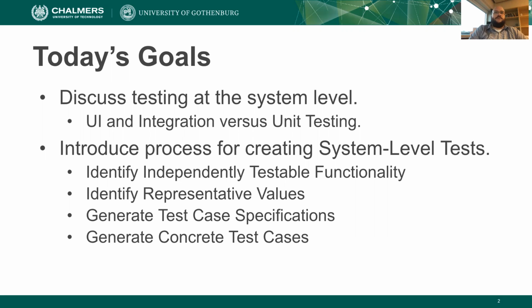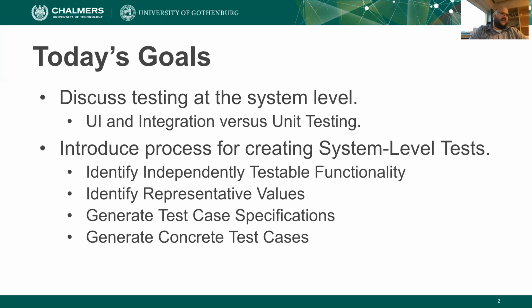Right, so today we're going to focus on testing at what we call the system level, which is through a defined interface, as opposed to unit testing where you test little bits of code like classes directly. At system level testing, we test through APIs, through user interfaces, through the command line, through any kind of interface to the system as a whole.